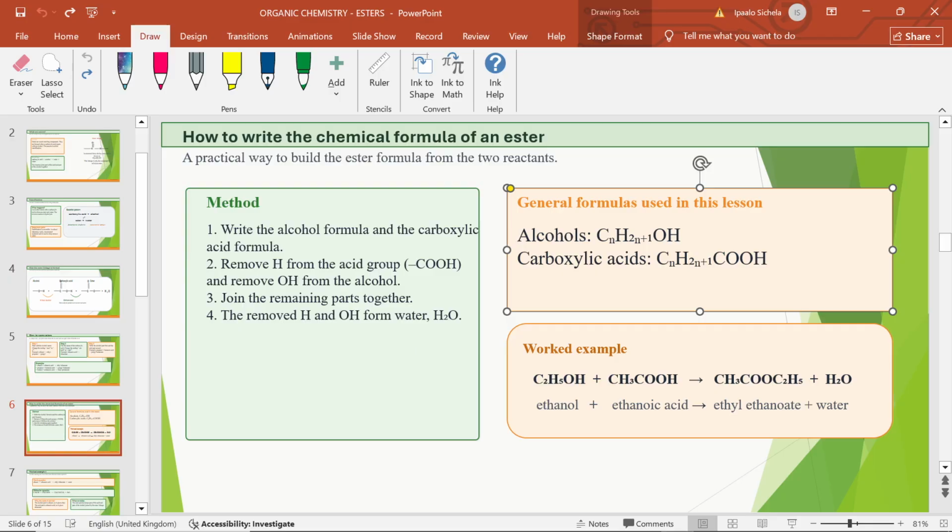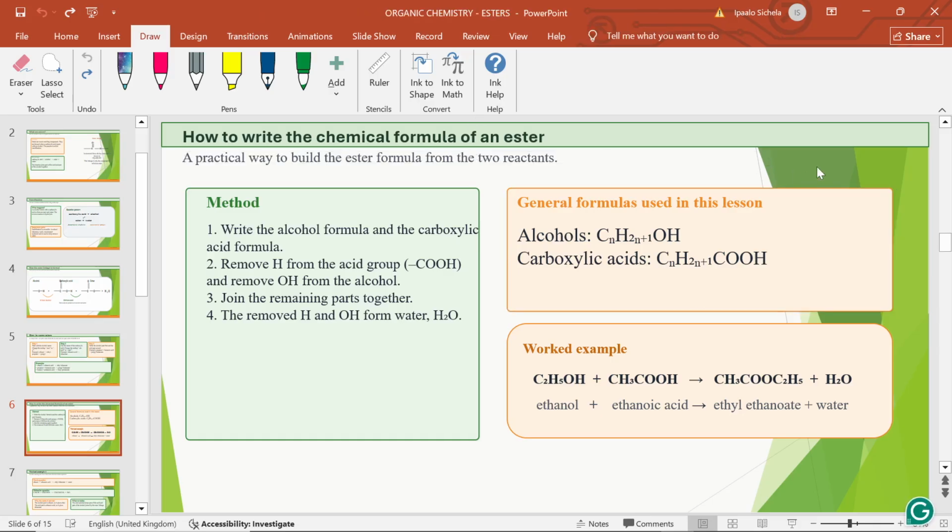What really happens is that the alcohol will lose H while the carboxylic acid will lose OH. I'm just doing this because it will help you write the ester faster. It's just a memory aid.